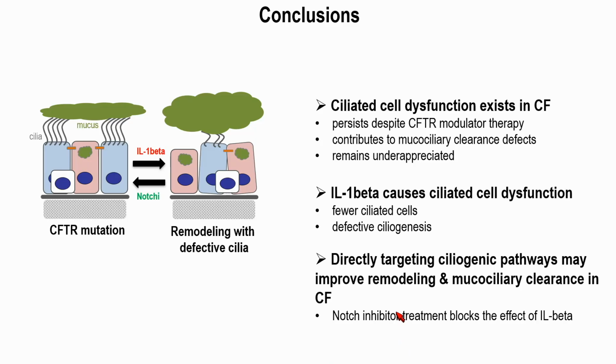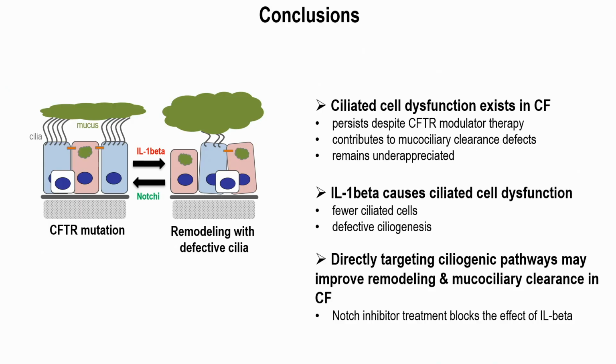And so the conclusions that we gained from all of my work today is that ciliated cell dysfunction does exist in CF. I hope I've convinced you of that today. Unfortunately, this does persist despite CFTR modulator therapy, and these ciliated cell defects, the decrease in ciliated cells, as well as defective ciliogenesis and defective ciliary function, contribute to the mucociliary clearance defects that we see, and this remains an underappreciated area of study in CF.